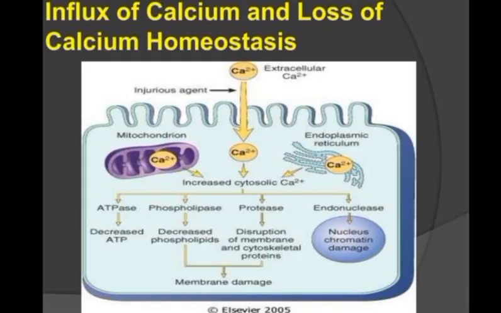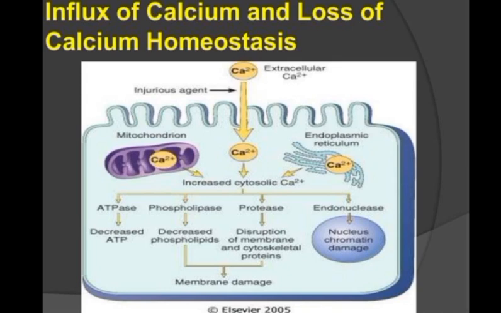In cell injury conditions, extracellular calcium will enter intracellularly, and the cytosolic calcium will increase by accumulating in the mitochondria and the endoplasmic reticulum. It will activate ATPase, decreasing ATP; phospholipase, decreasing phospholipids, and the membrane gets damaged. It will activate protease, disrupting the cytoskeletal proteins, which will further damage the membrane.